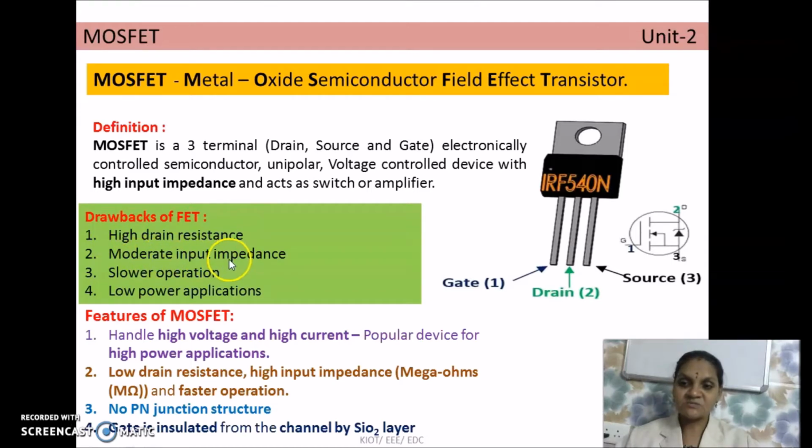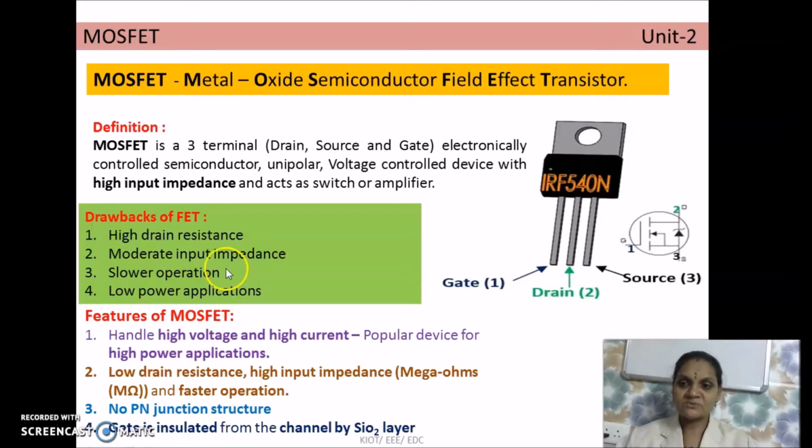The second one is moderate input impedance. The input impedance is not that high, it is somewhat moderate. So whatever noise signals get added with the source voltage or current will get added with the input signal. So moderate input impedance is another drawback. The third one is slower operation. The switching speed is much lower compared to that of the MOSFET.